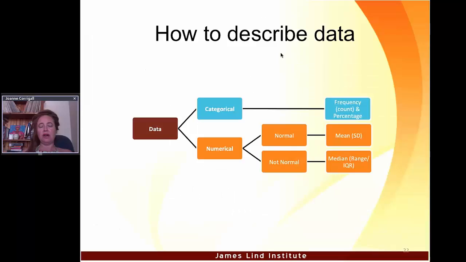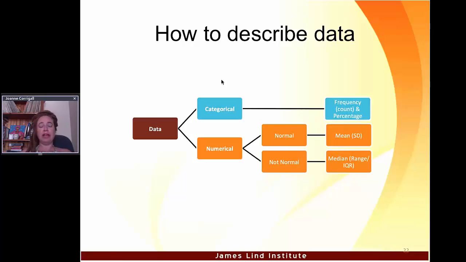So if we think now about what kind of data we're going to be dealing with, we've already spoken about the fact that you get numerical data or categorical data. So numerical data is obviously your count data, so it would be numbers, and then categorical data would be like our example with transport: bus, train, tram, or in disease states it's often has disease, doesn't have disease, exposed to risk factor, not exposed. So categories are not numerical.